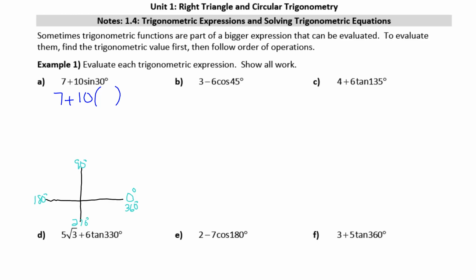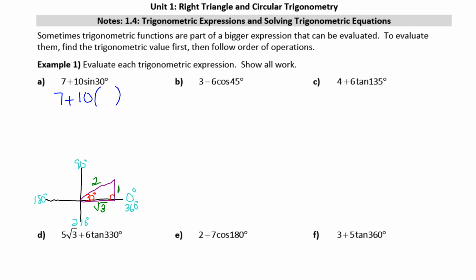Recall our angle markers, 0, 90, 180, 270, and 360 for the axes. And so a 30-degree angle will be in quadrant 1. So here's a 30-degree reference triangle, and the smallest side is 1, which is across from the 30-degree angle, and the next largest side is the square root of 3, which is across from the 60-degree angle, and the hypotenuse is 2.